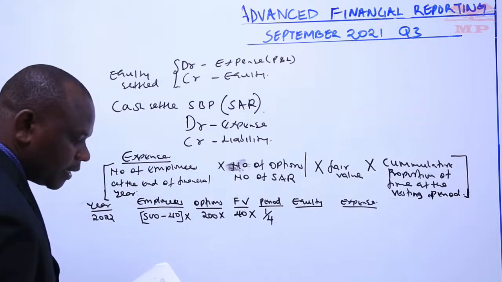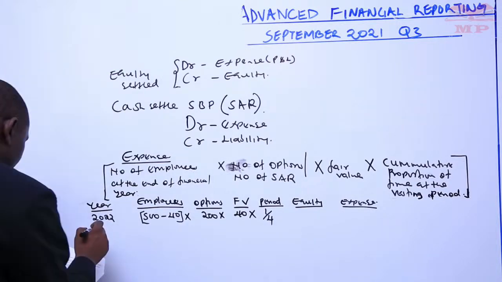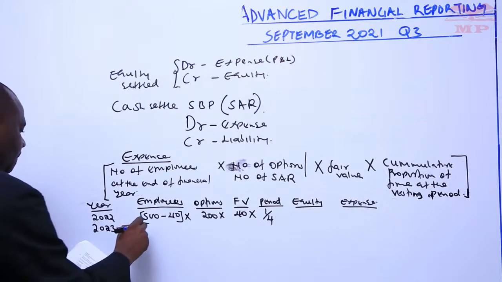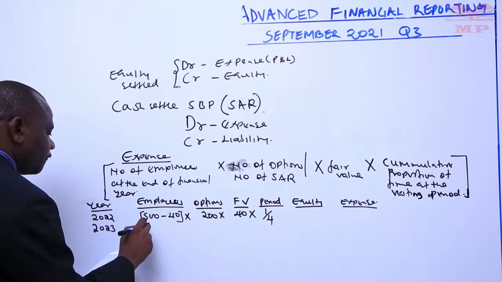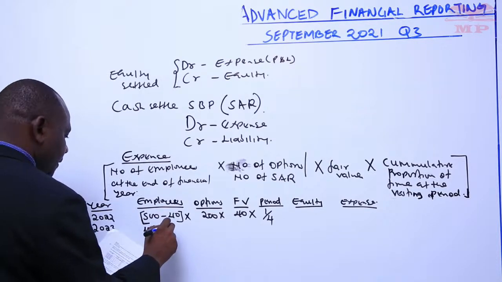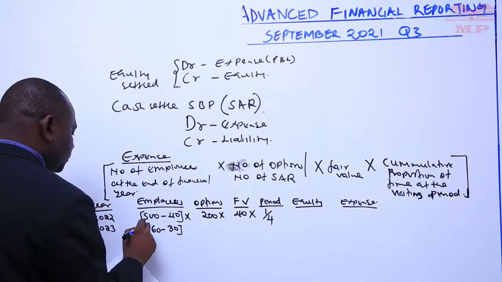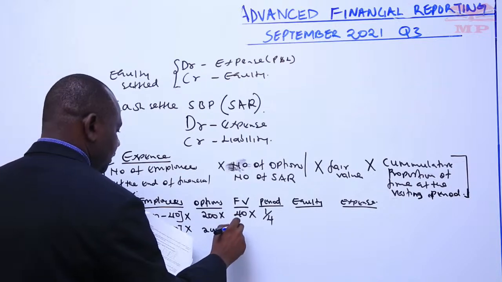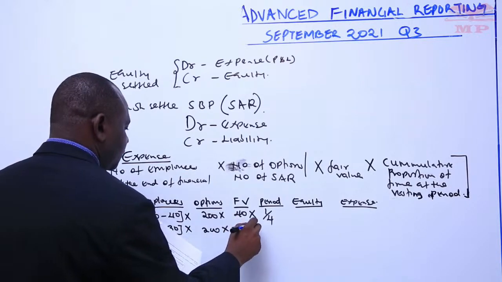Cumulative 2023 will be, we have remaining 460, so 460 minus 30, times 200, times 35, times 2/4.